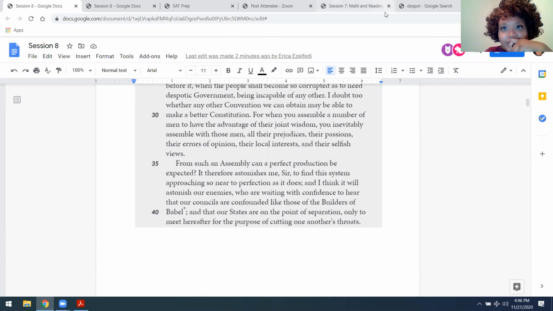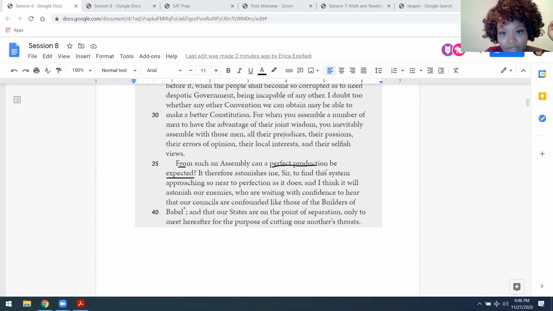Right here, I want to use a different line than we've mentioned. From such an assembly, can a perfect production be expected? Right there, he's saying, can a perfect production be expected? That question is implying that he doesn't think a perfect production can be expected. So if he doesn't think a perfect production can be expected, then he expects an imperfect one.